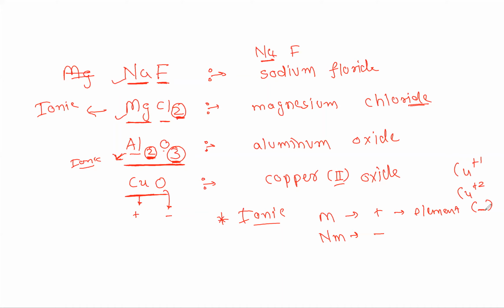If the element does not fall in that small section of the periodic table, then you never write a parenthesis and Roman numeral. You only write a parenthesis and Roman numeral for an element which can carry two different charges. It could be +2 or +3, it could be +1 or +2. Then you have to say what charge that element is carrying in the given formula. Otherwise, you don't have to specify.